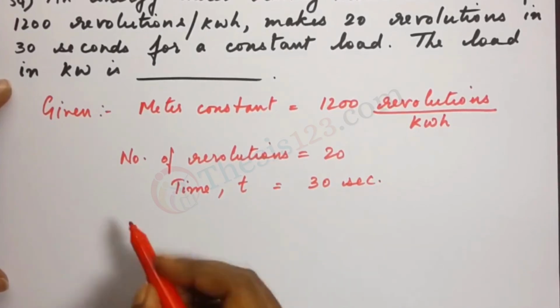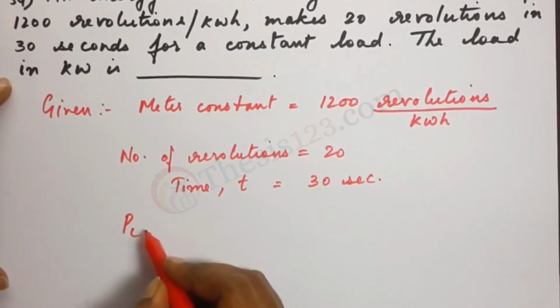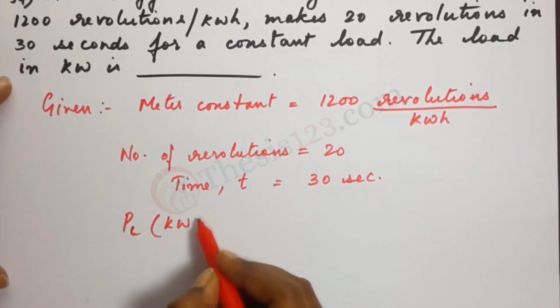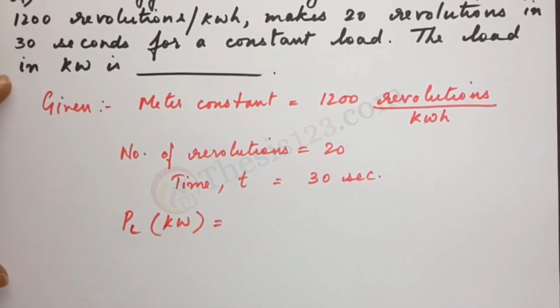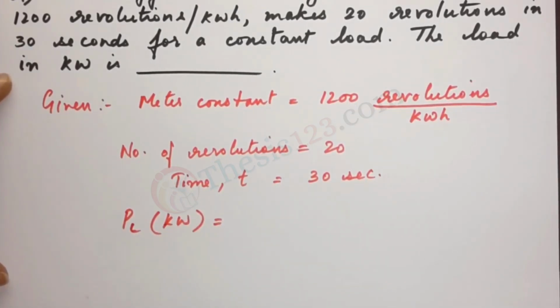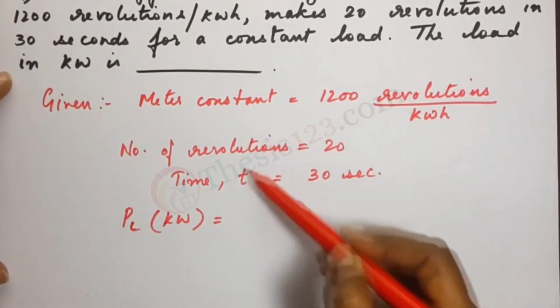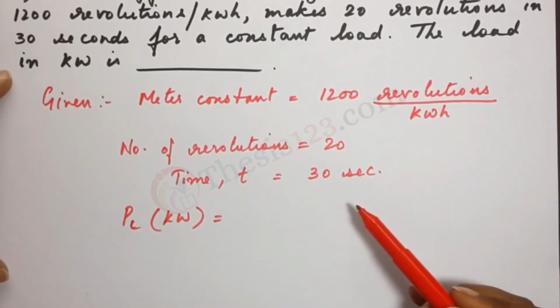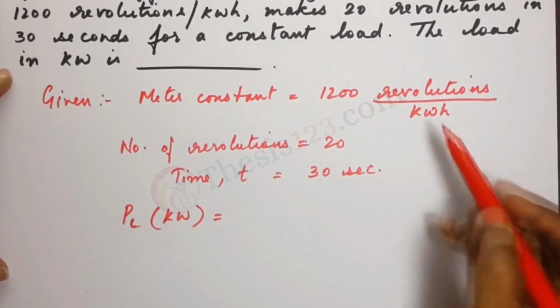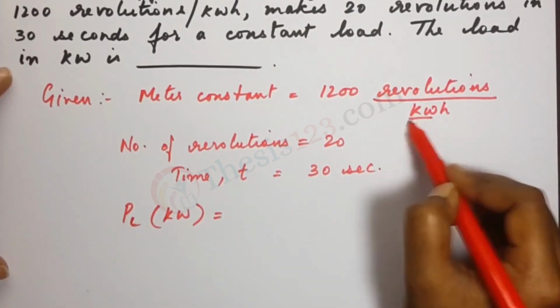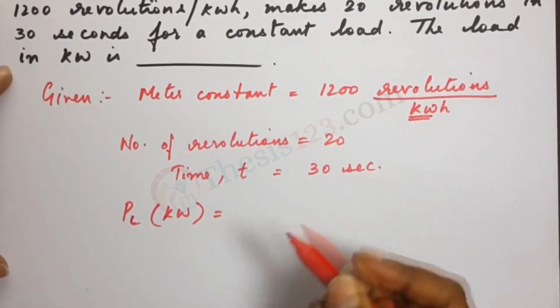Alright, so we have to find out what the load is in kilowatts. So for this question, it's just a general play of units. We just have to utilize what's given to us and write an expression in which we are left with just kilowatts and eliminate all the rest.